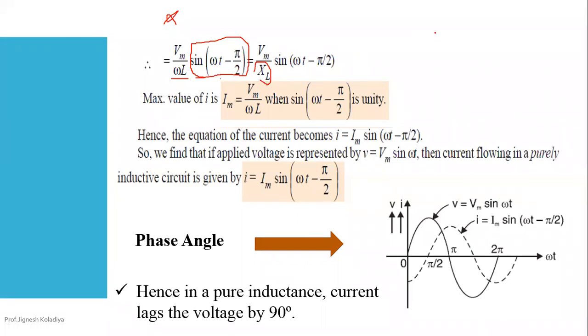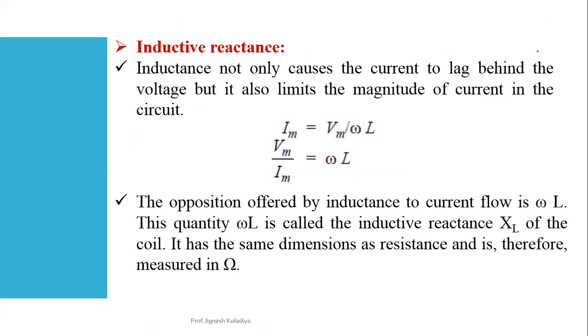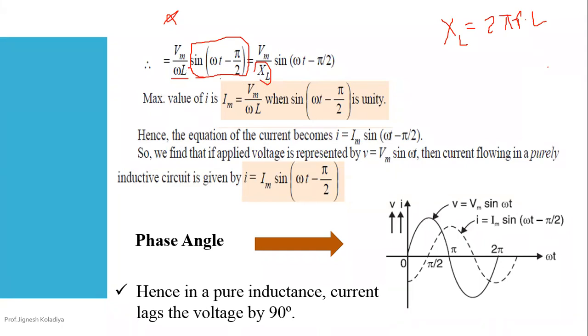Or you can also write XL, omega L is 2 pi f into L. So this Vm by XL is nothing but the maximum value. So my current is I is equal to Im sine omega t minus pi by 2.